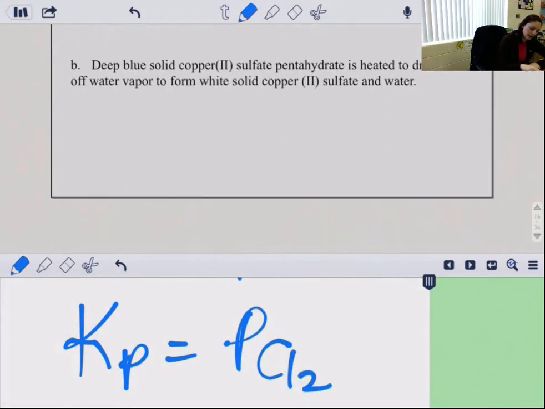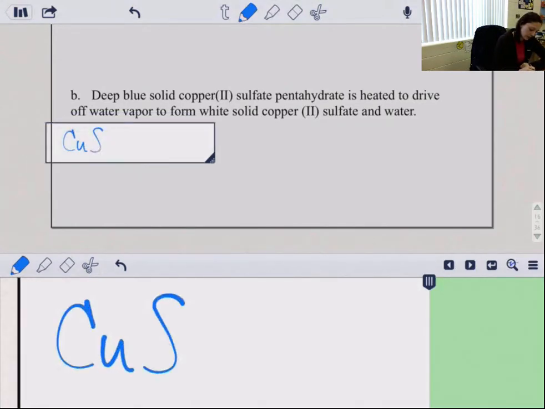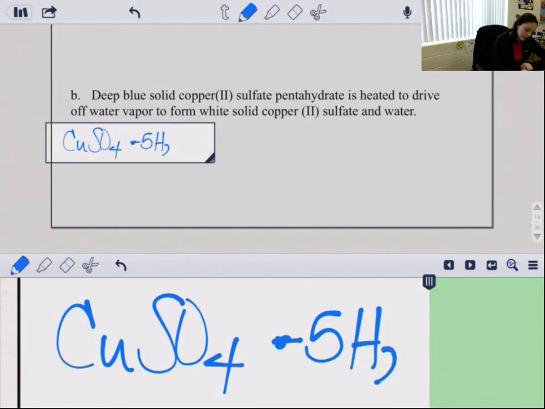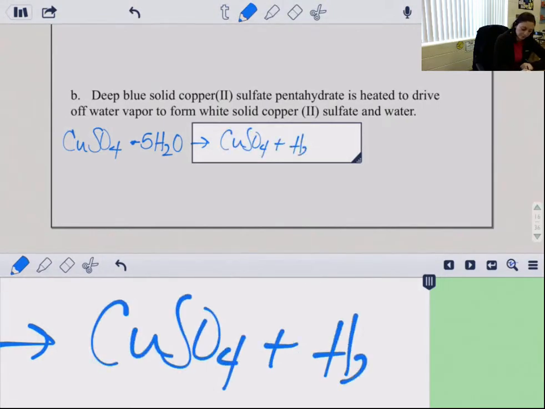Let's look at the last one. It says deep blue solid copper(II) sulfate, so copper sulfate, sulfate is 2 negative, copper 2, it balances out. Oh, it's pentahydrate, sorry, so we've got our pentahydrate. It's heated to drive off the water to form solid copper sulfate and water.